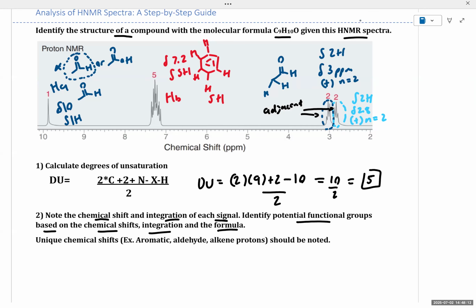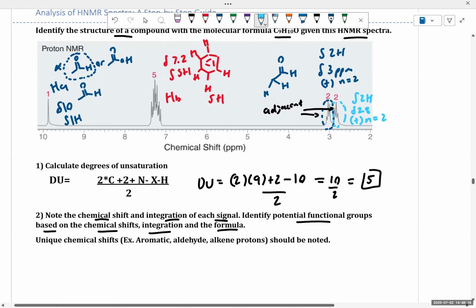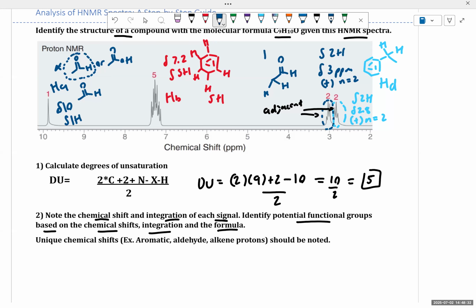So this is our first fragment. In terms of the second fragment with the chemical shift value of around 2.8, that could be a pair of protons that are adjacent to the aromatic ring, these benzylic protons. I'll label these as proton D, while the protons adjacent to the aldehyde I'll label as proton group C.